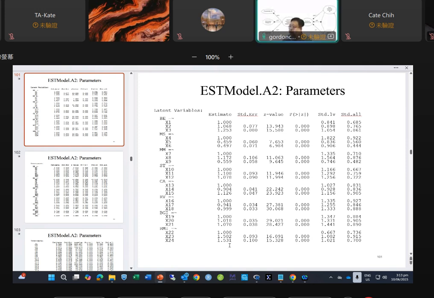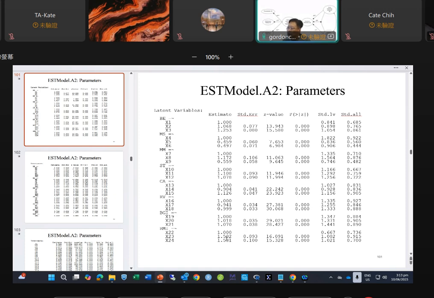Always estimate the unstandardized. And whenever you test whether these are significant, you need to use the unstandardized to test, because if you estimate a model with the standardized coefficient, the standard errors can be incorrect. Therefore, we always use the unstandardized to test our parameters.